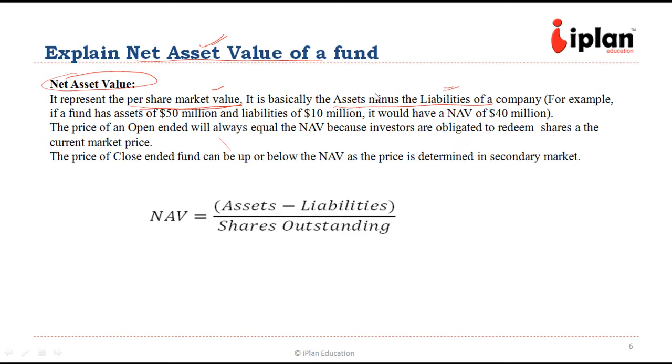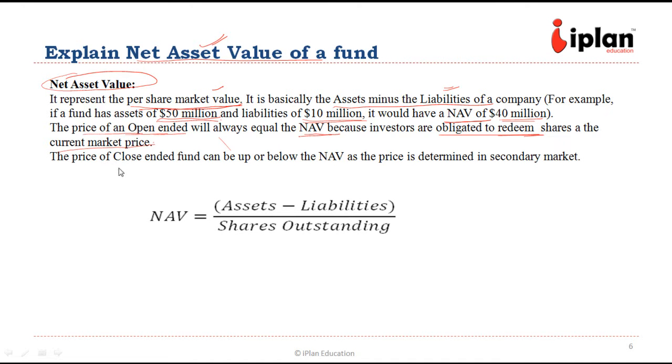For example, if the fund has $50 million assets and $10 million liabilities, so the difference between these two would be net asset value or value of equity, $40 million in this case. So the price of an open-ended fund, which we have just seen, always depends on NAV, because the investors are obligated to redeem the shares at current market price.